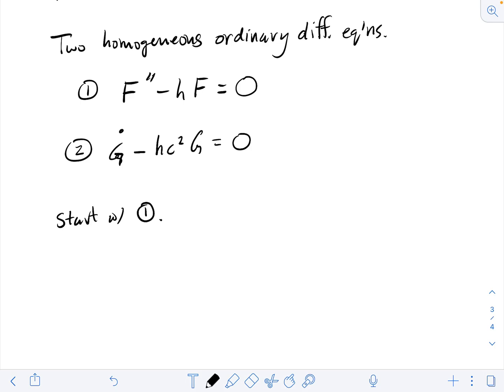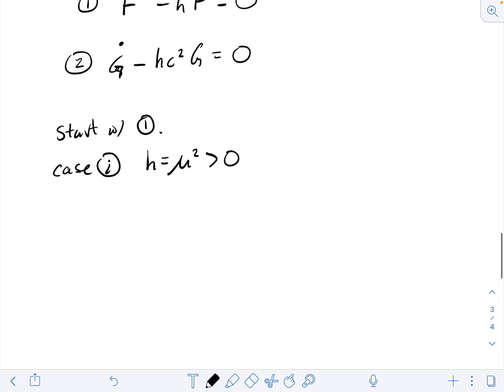And we'll have to think about those three cases separately. So we're going to start with h is mu squared, which is something that's positive, greater than 0. So as long as mu is a real valued quantity, then mu squared has to be positive.